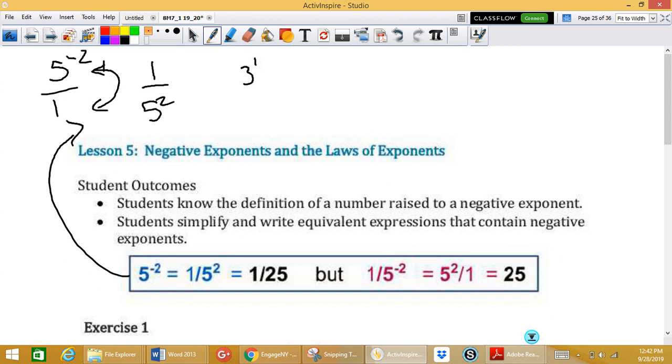3 to the first. Well, that's 3. 3 to the 0 is 1. And 3 to the negative 1 is going to be 1 over 3. So each time I'm dividing it by 3. So then if I go up to 3 squared, that's going to be 9.